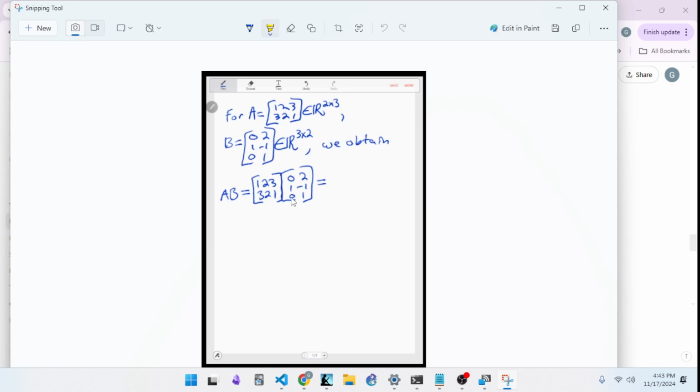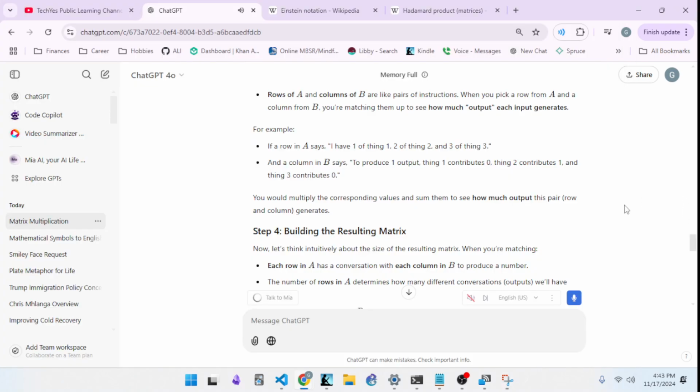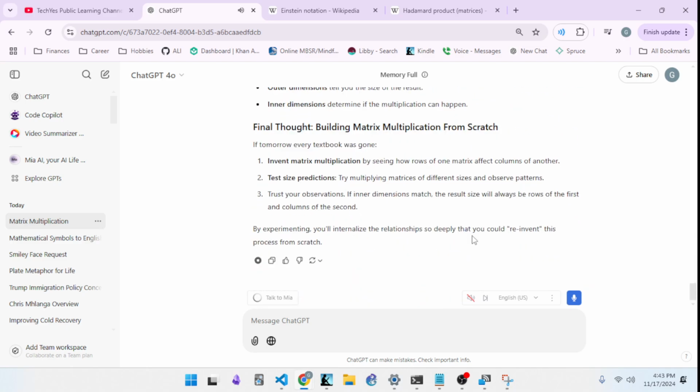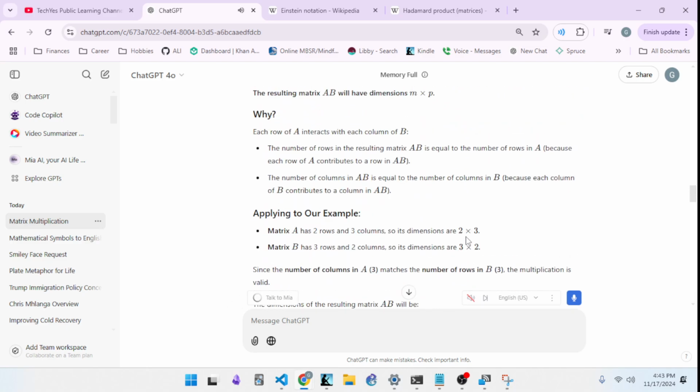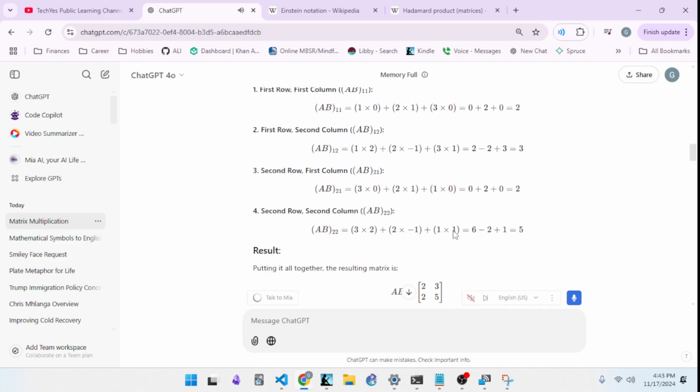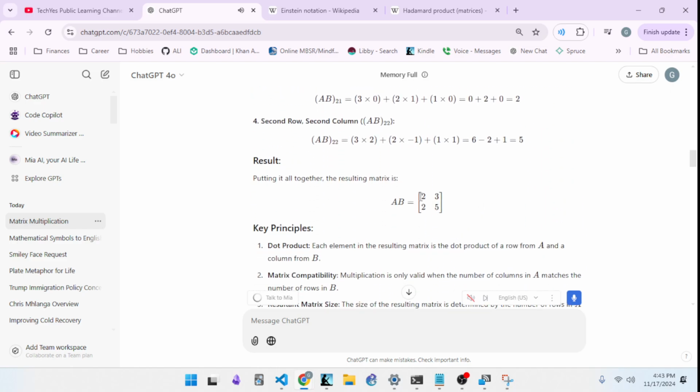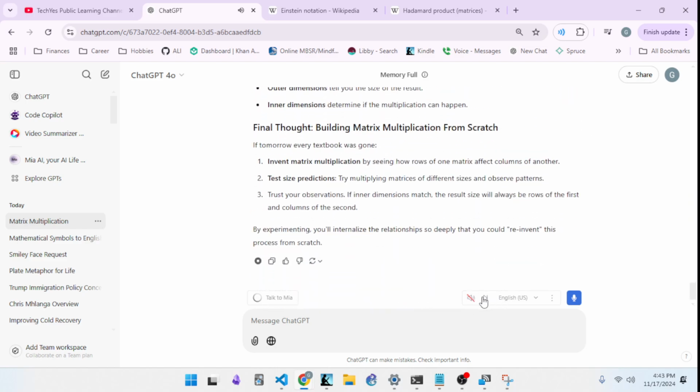You would multiply the corresponding values and sum them to see how much output this pair, row and column, generates. 2. Step 4. Building the resulting matrix. Now, let's think intuitively about the size of the resulting matrix. When you're matching, each row in A has a conversation with each column in B to produce a number.